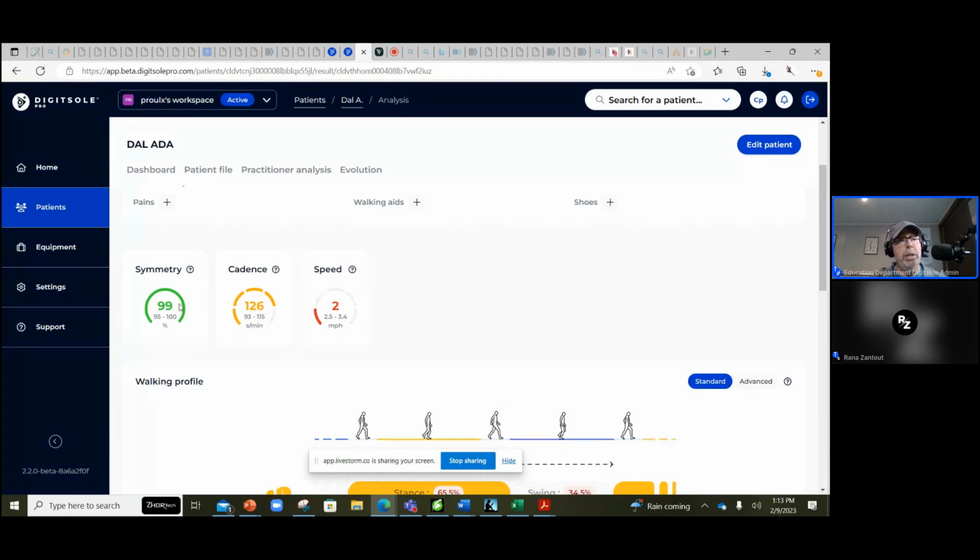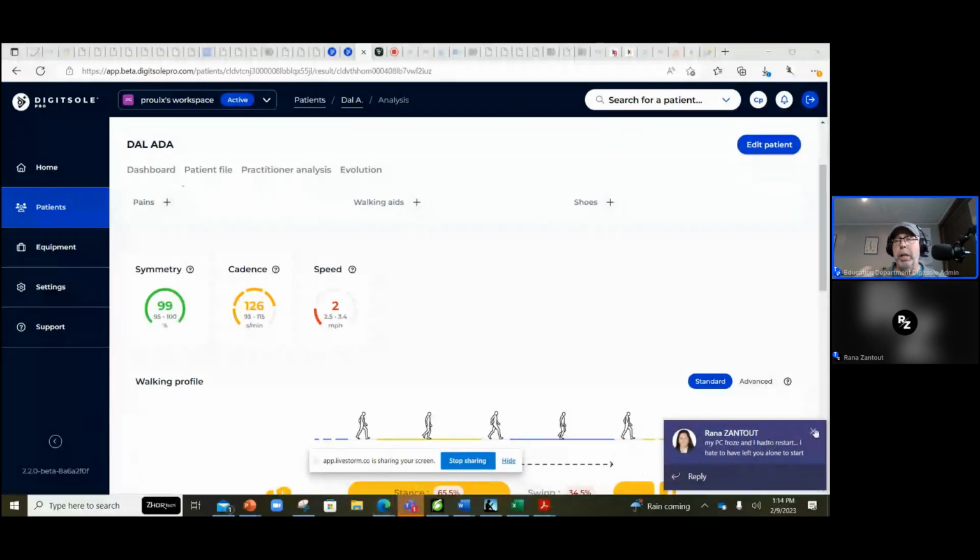So when I see it in green, I don't have to spend a lot of time on that. We were just having a discussion with another clinician, and they said our clinicians can't spend a lot of extra time doing these analyses. And I said, well, that's the best part of the system, it doesn't take that long.